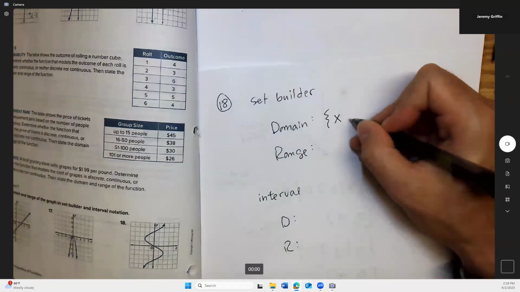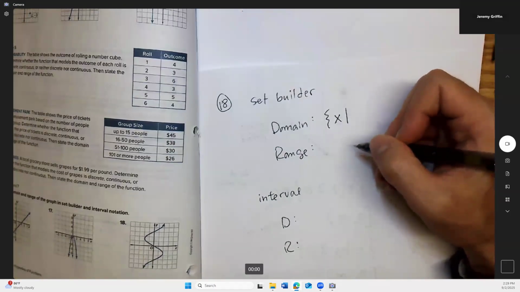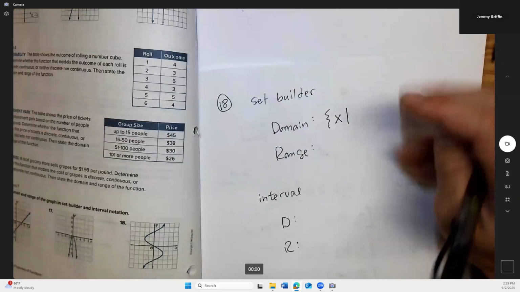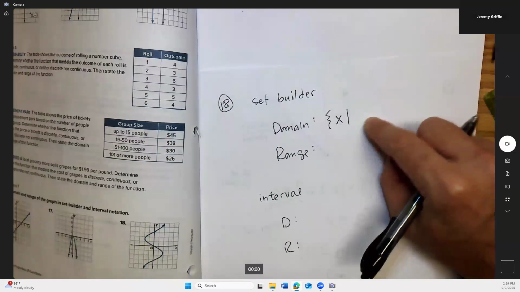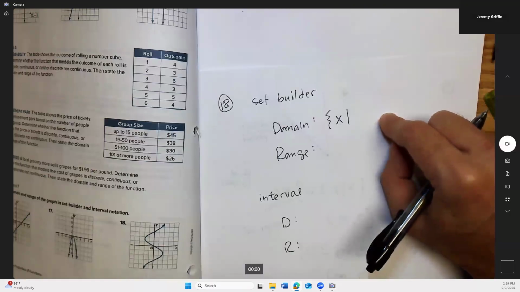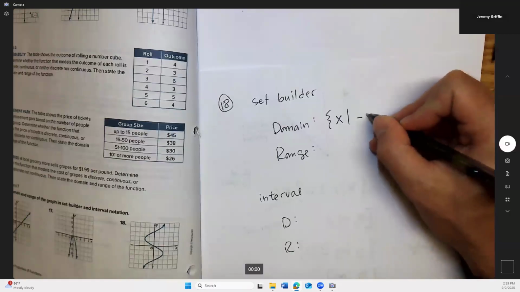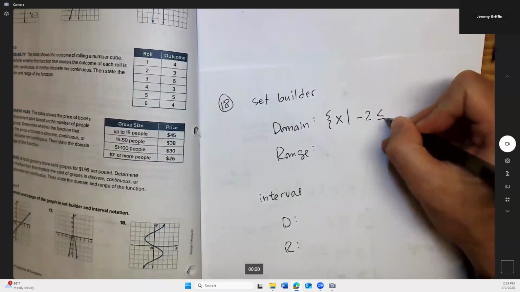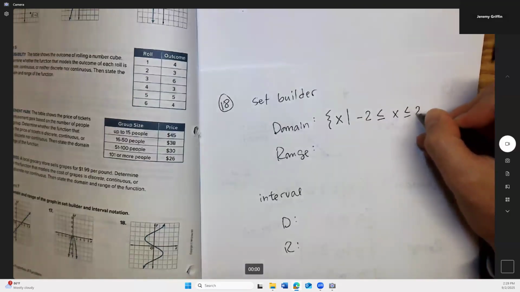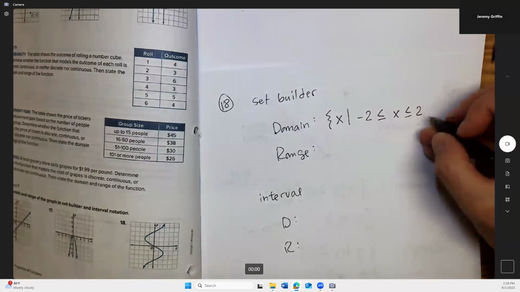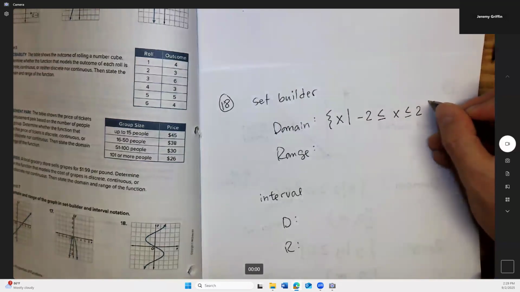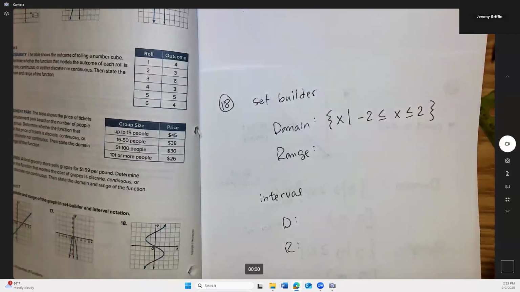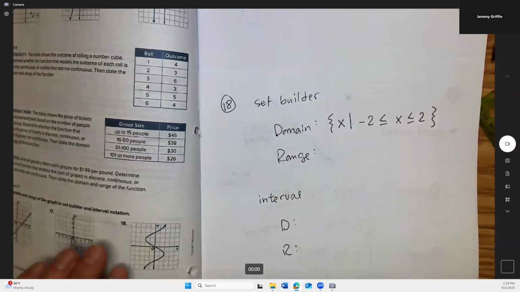Right, such that, guys, x can go from what to what? Okay. So I'm going to put this in between inequalities. So maybe say -2 less than or equal to x less than or equal to 2, because x is allowed to be equal to -2 or 2. That's why I also have the equal to. There you go. That's what we're looking for, set builder notation for number 18 right here.